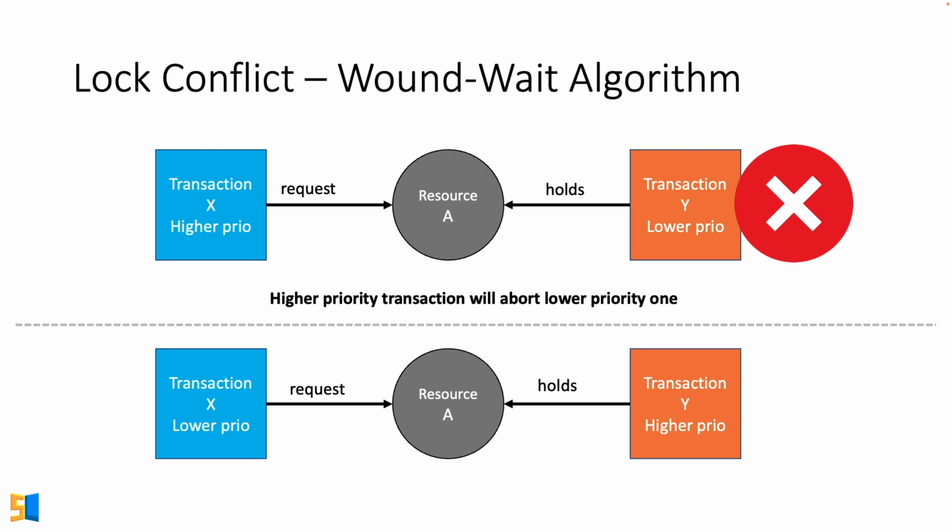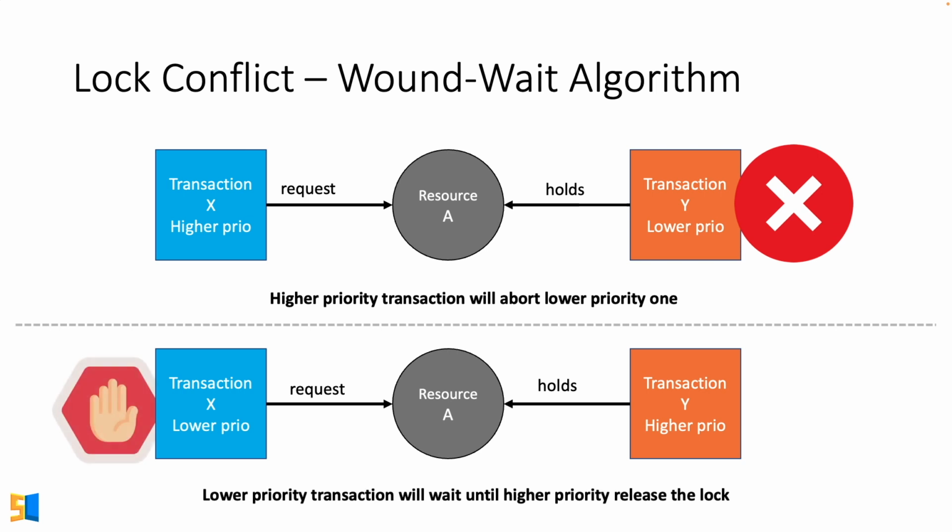When transaction Y, with higher priority, holds resource A, and then transaction X with lower priority requests a lock on resource A, in this case the lower priority transaction will wait until the higher priority one releases the lock.